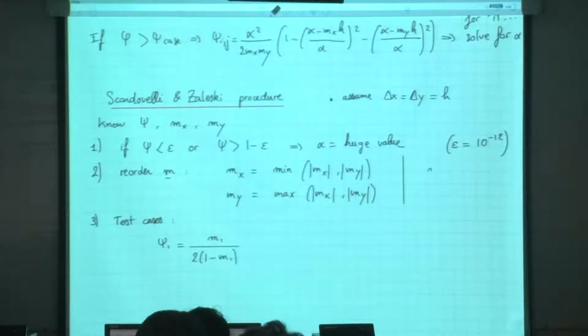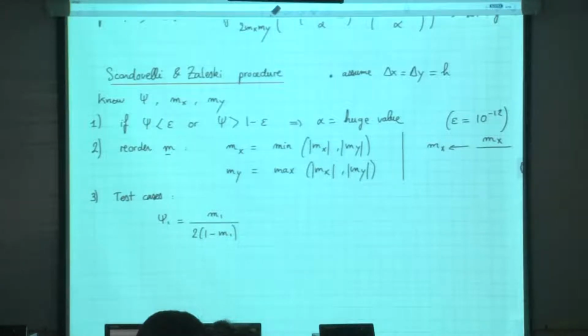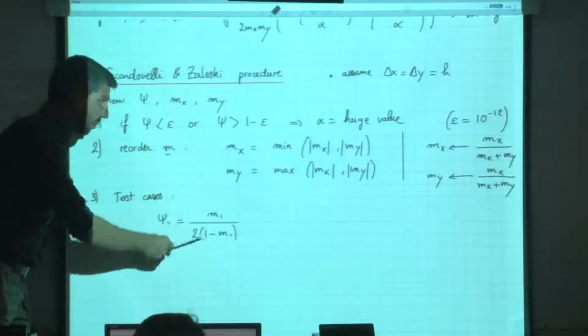We'll replace mx by mx over mx plus my, and my by my over mx plus my. So for convenience, I normalize mx and my such that they sum up to 1. That's all I'm saying. This way I can easily obtain my.